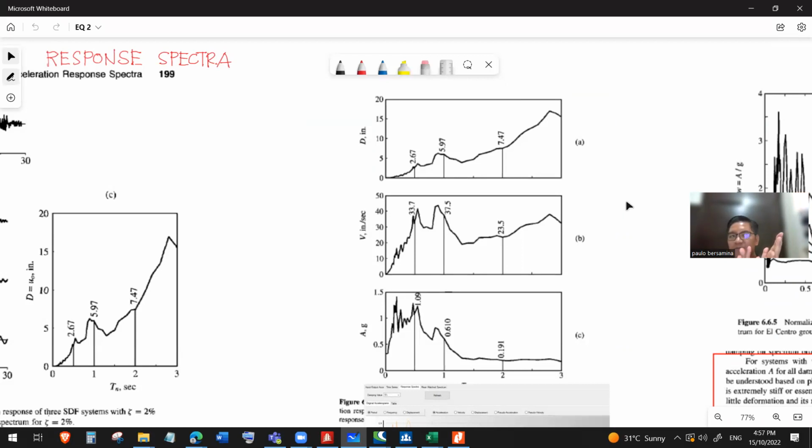Increasing the stiffness will reduce the period, because mass and stiffness control the period.